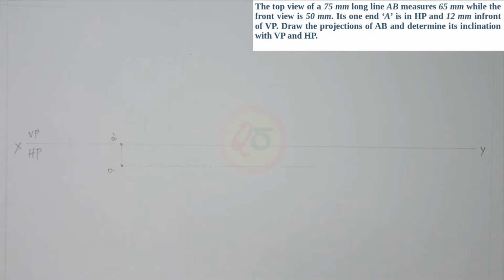Next, using your compass, what is the projected length in the front view? The projected length in the front view is 50 mm.